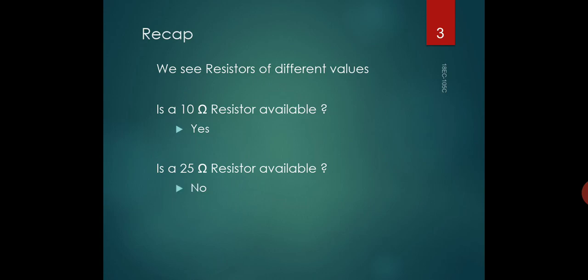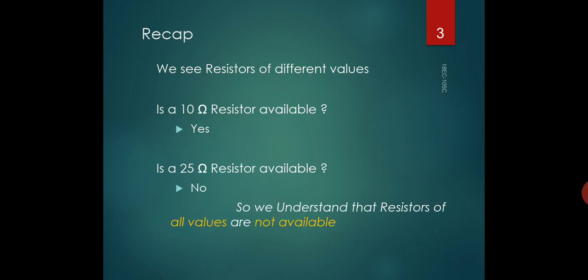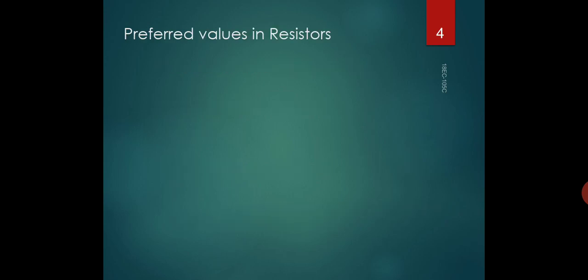No, it will not be available. So we understand that resistors of all values are not available for us to use. Then why are they not available? The manufacturers and the experts have decided on some preferred values of resistors to be manufactured.